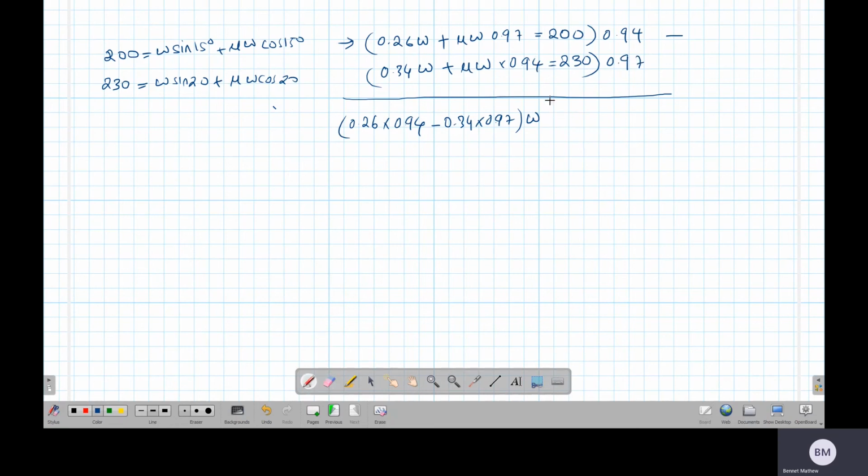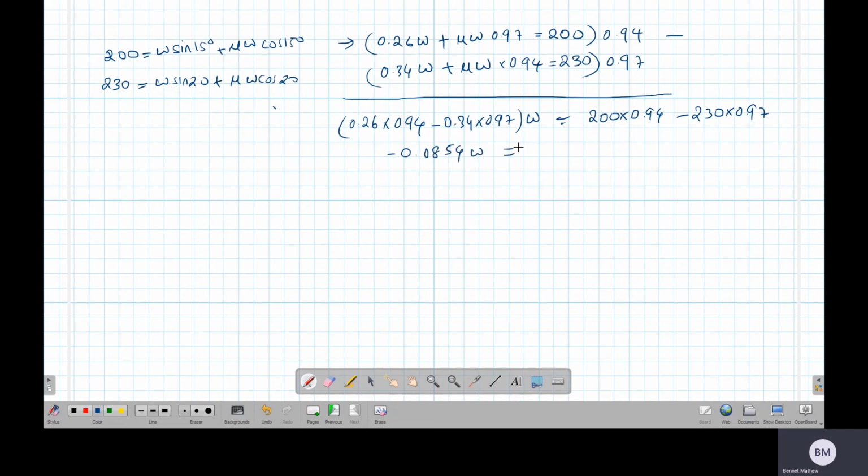Equal to 200 into 0.94 minus 230 into 0.97. So just solve this. 0.26 times 0.94 minus 0.34 times 0.97 is minus 0.0854.